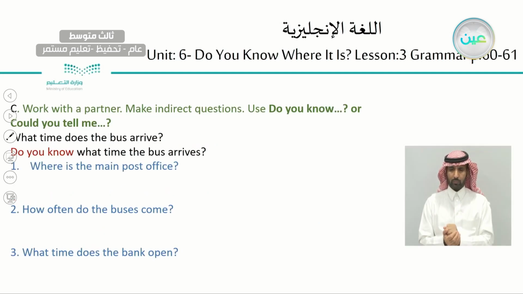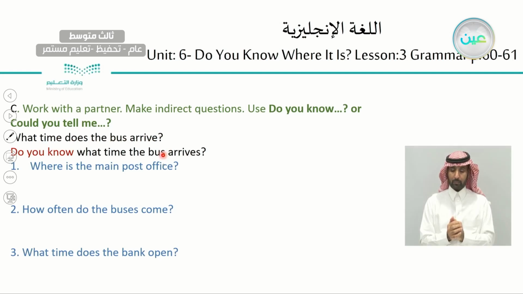Okay. Now for exercise C, I believe in page 61, work with a partner, so you will not work alone. Make indirect questions. You have to use do you know or could you tell me? So these are direct questions. You have to write indirect questions, okay? And then answer these questions. What time does the bus arrive?